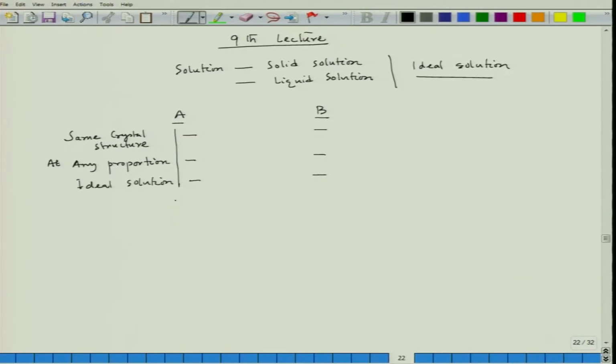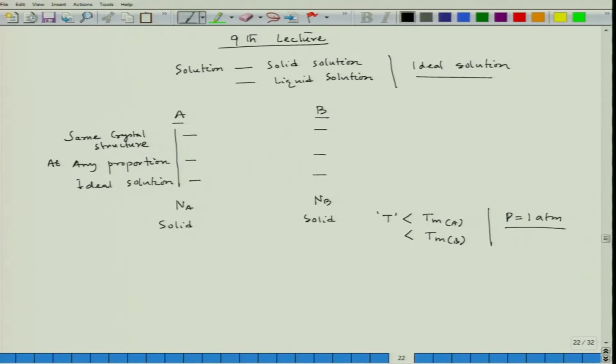Now, I say that in the beginning I have Na number of A atoms and Nb number of B atoms, and we are considering that both of them are solid, which means the temperature at which we are considering the solution formation must be less than Tm of A and Tm of B, that means the melting point of A and melting point of B at a pressure of 1 atmosphere.